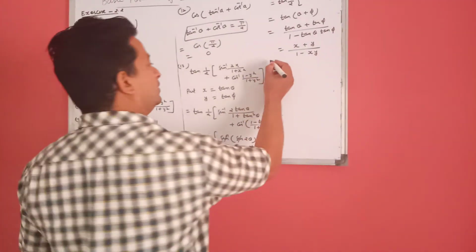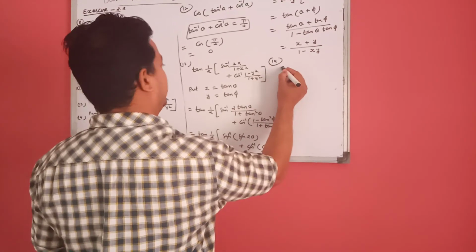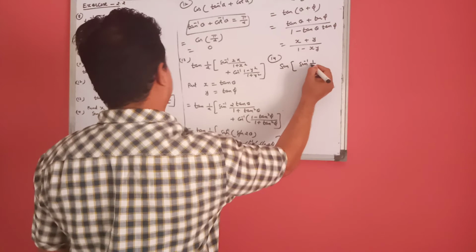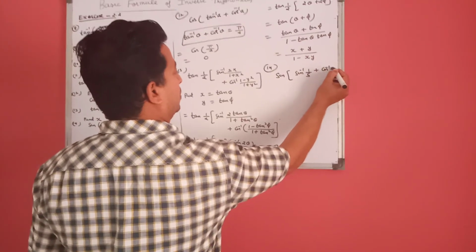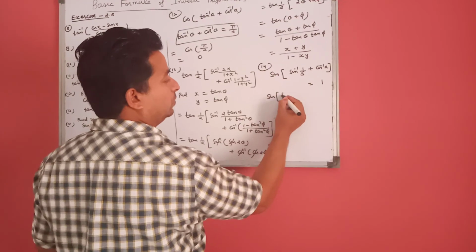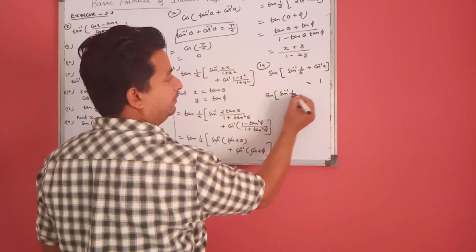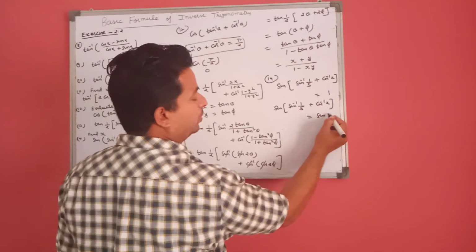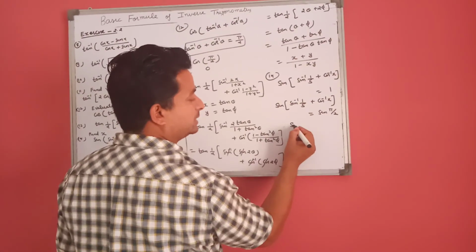In question number 14, find the value of x. In this question, sin inverse 1 by 5 plus cos inverse x equal to 1. As we know, in sin, the value of 1 is sin pi upon 2. This cancels out.